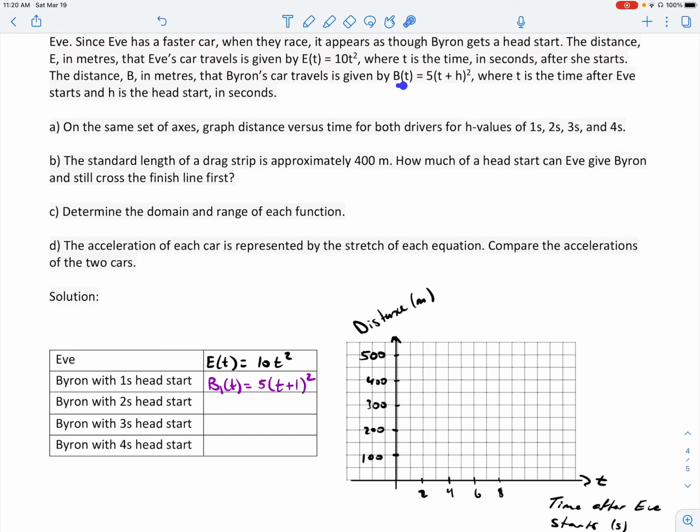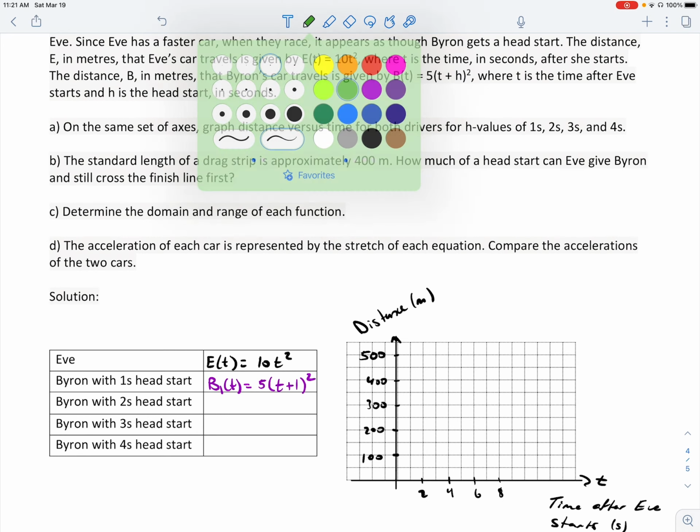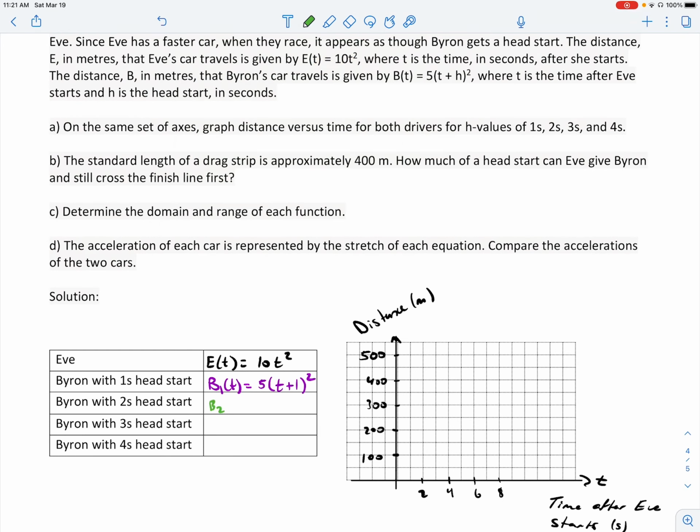I'm following this equation right here, but I'm putting a head start of 1 second because that's what the question says. So we want to graph his race if he has a 1 second head start, then a 2 second, a 3, and then a 4. So I'm going to put each one in here. With a 2 second head start, we'll put 2 in for h.